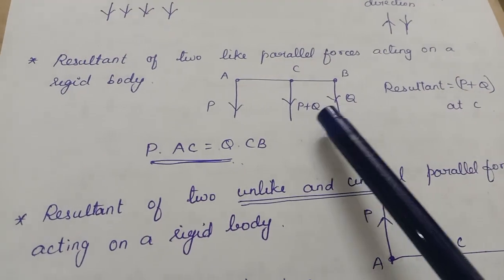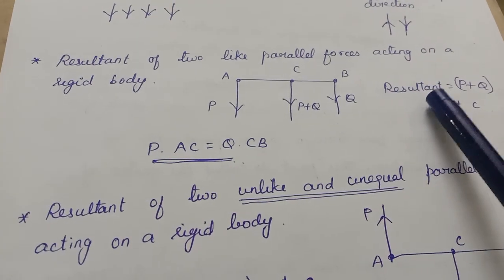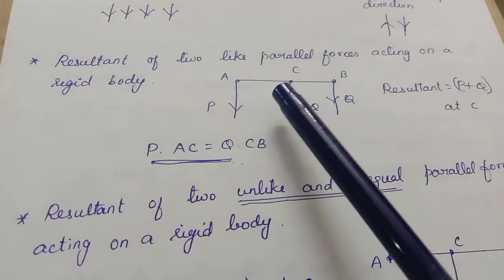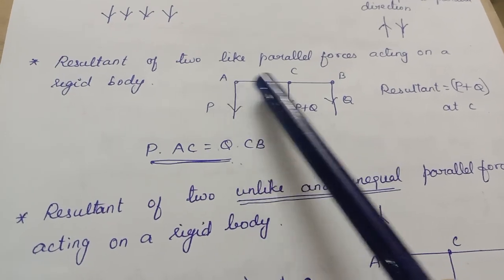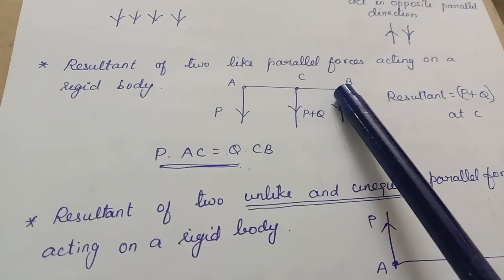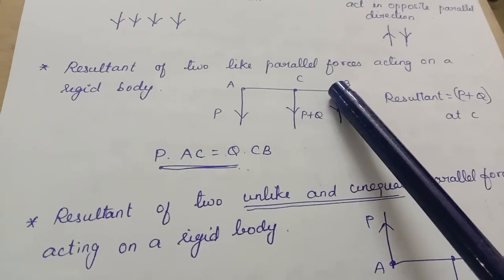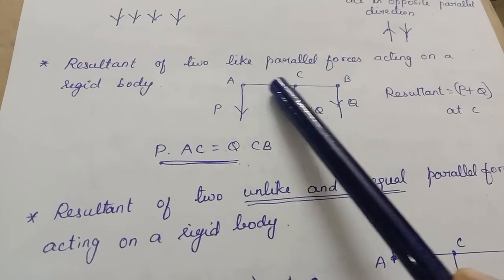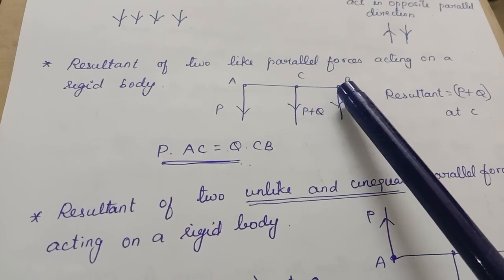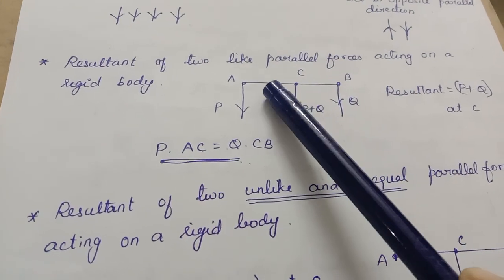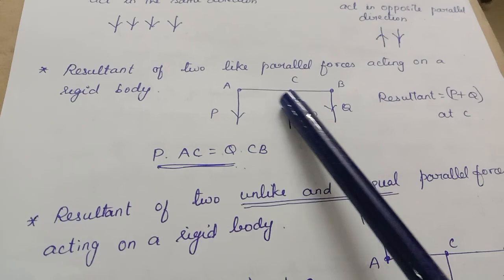And where does this resultant act? It will be acting along the line of action of, see, this is A and B, these are the points where the forces P and Q are acting. You join this AB by means of a straight line, then the resultant of P and Q will be acting somewhere along this AB.